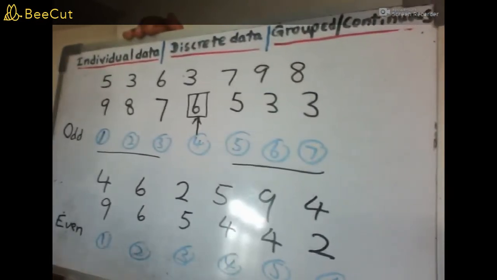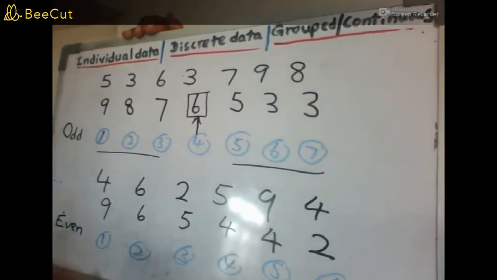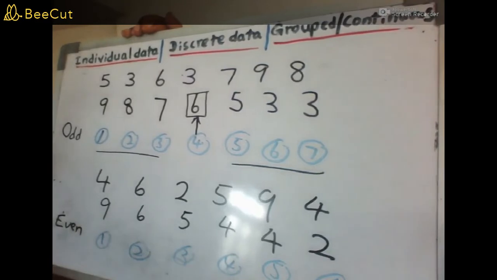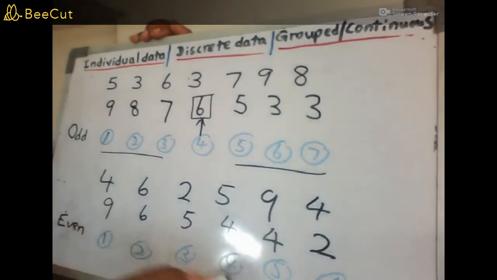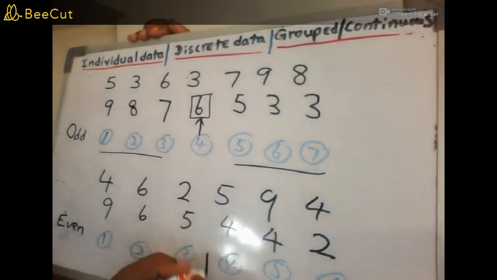Then you have to divide this into 2 equal parts, not the total, the number of data. 1, 2, 3, 1, 2, 3. You can't have this, so we have to divide here.